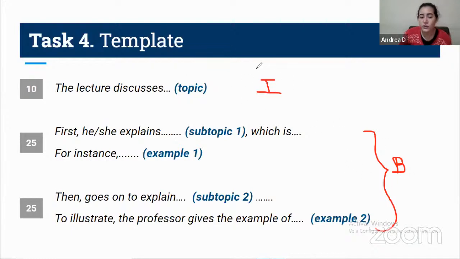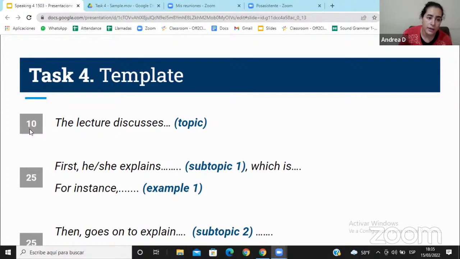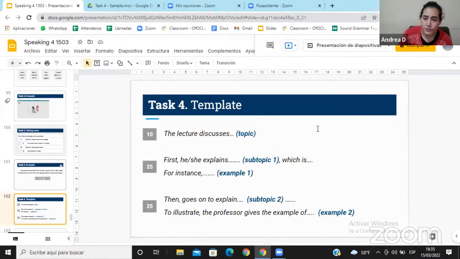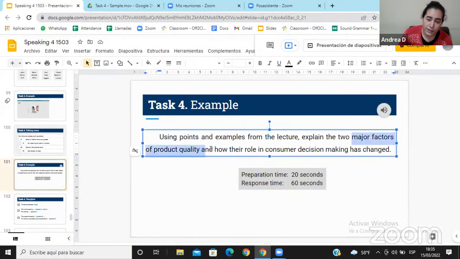In the introduction, you need to explain what the topic is. Here is where you're going to use what you had from the question, not from the introduction. If you want, you can try to summarize the intro as well, but try to use what you have from the question. So for example, in our example, we had major factors of product quality and consumer decision-making, right?